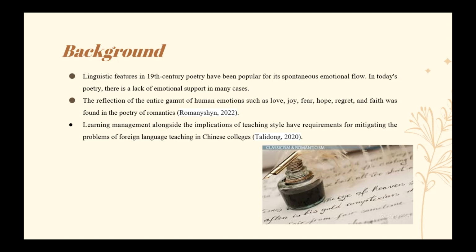And the reflection of the entire combination of human emotions such as love, joy, fear, hope, regret, and faith was found in many cases of the poetry of the Romantics. Thus, learning management alongside the implications of teaching styles has requirements for mitigating the problems of foreign language teaching in Chinese colleges.